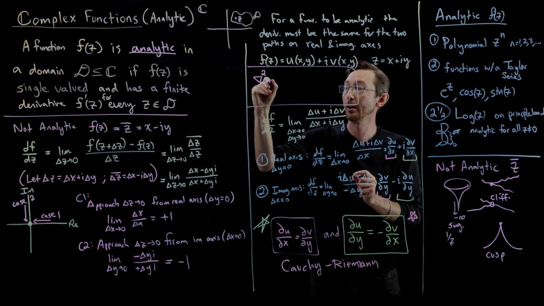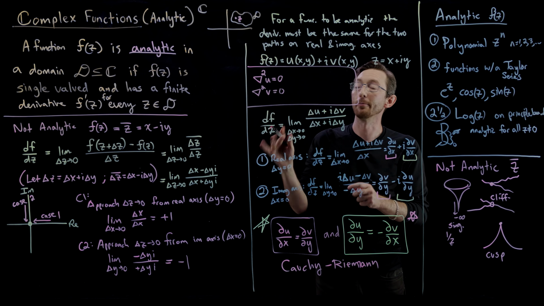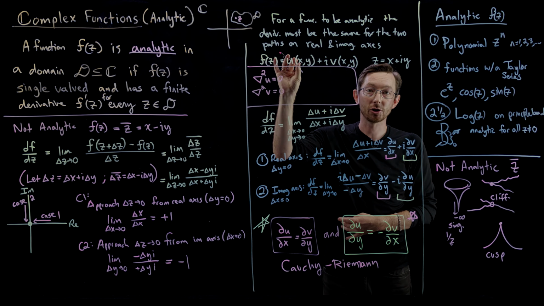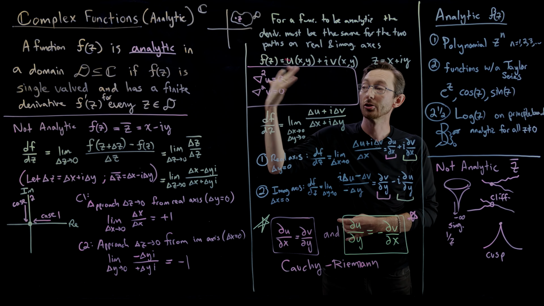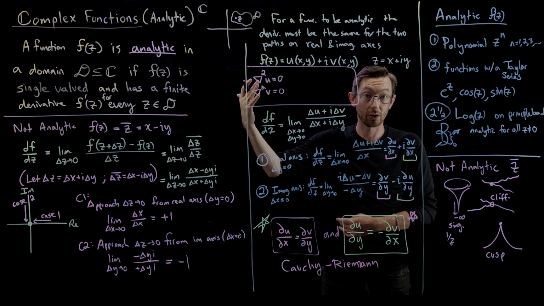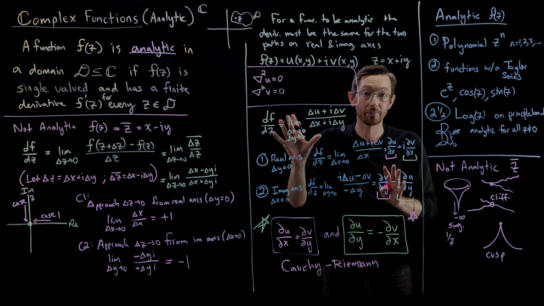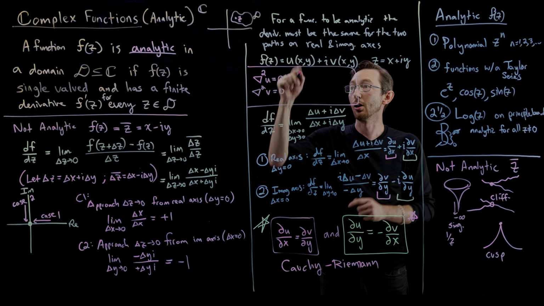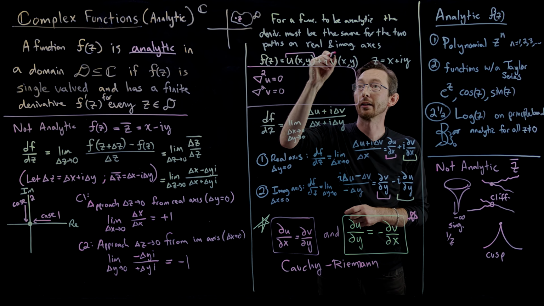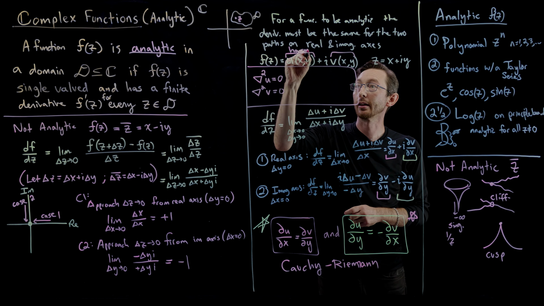Then del squared u equals 0 and del squared v equals 0. So for these analytic functions, the real and the imaginary part solve the Laplace partial differential equation. These are called harmonic functions. The real and imaginary part of an analytic function are called harmonic functions. These are harmonic.